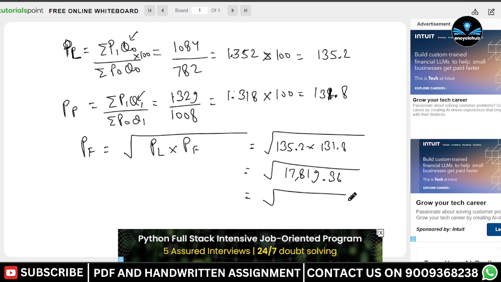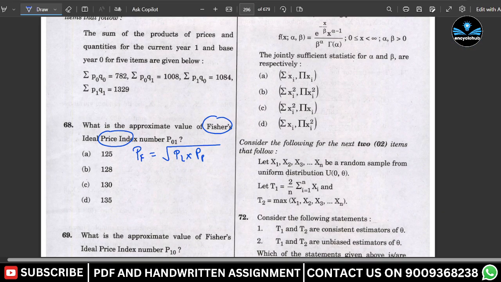After calculating the square root, we get 133.48. So this is the value for Fisher's index. Approximately, it is nearer to this value, so our answer will be 135.